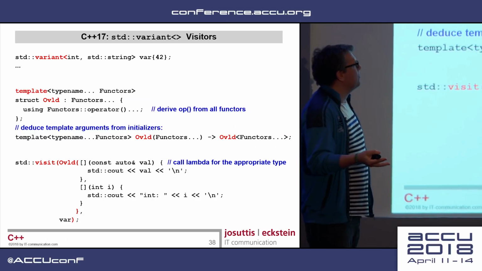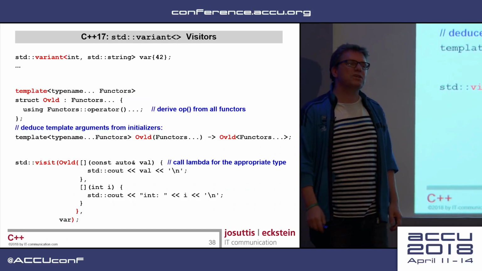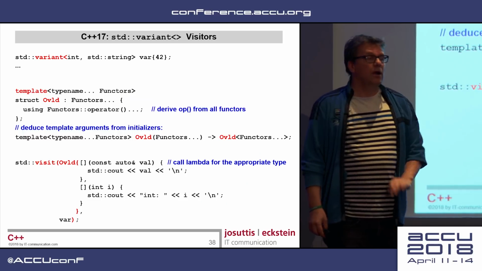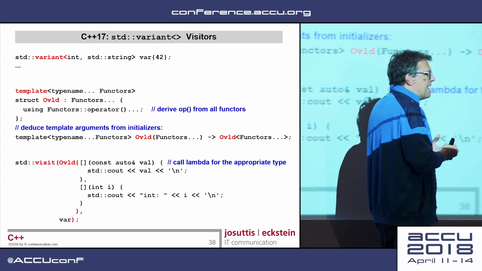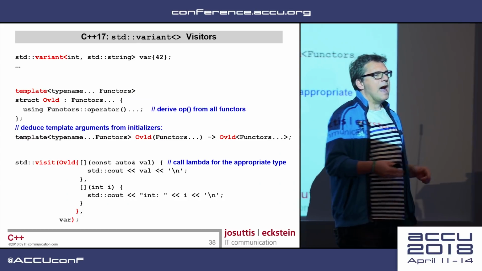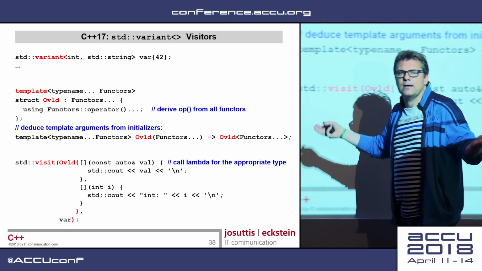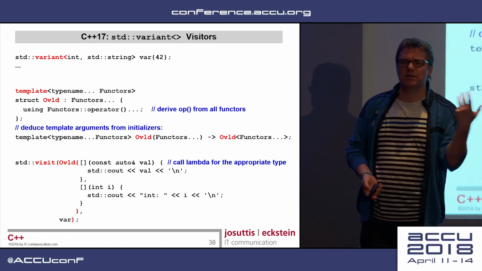But that's not necessary because we now have deduction guides. We have a new feature that says you can skip specifying the arguments of a template if they can be deduced either according to a constructor, we have no constructor which helps here, or according to an explicitly written deduction guide.